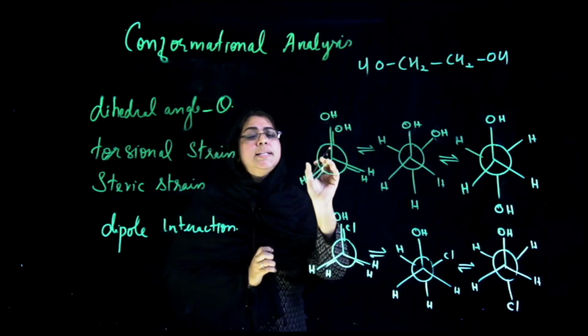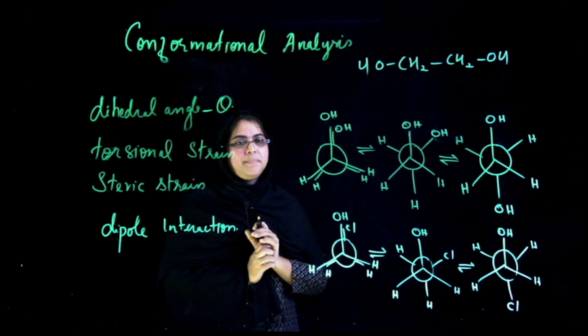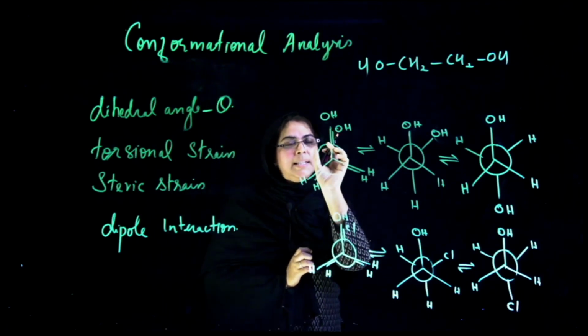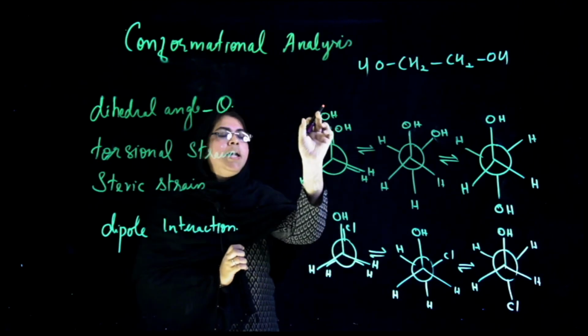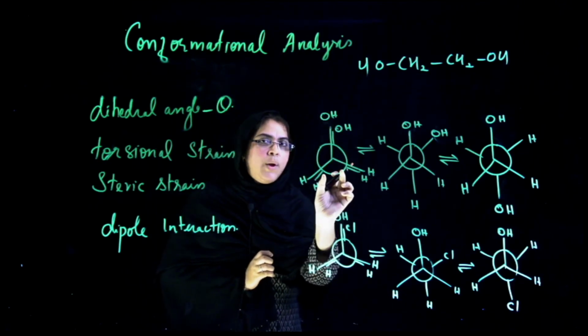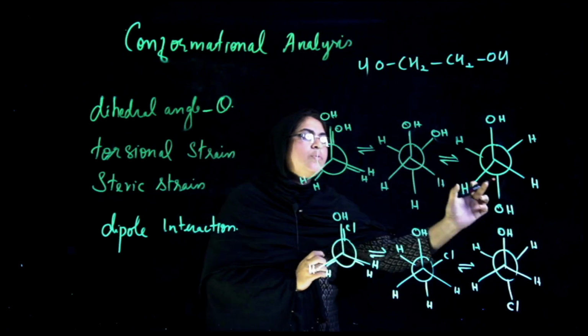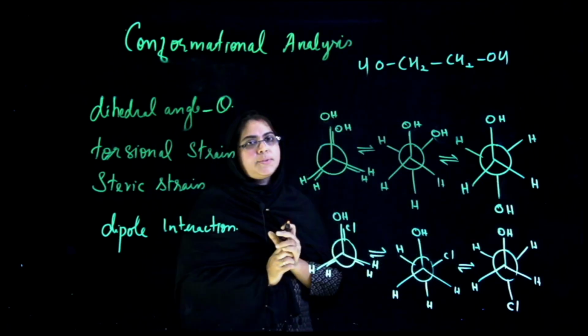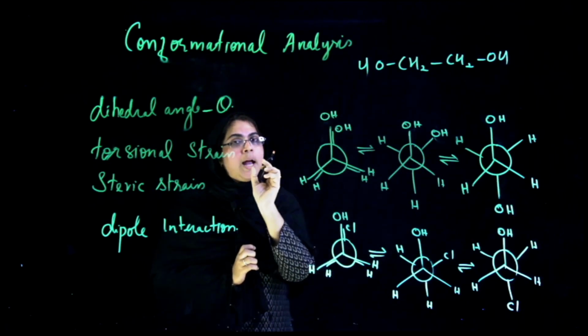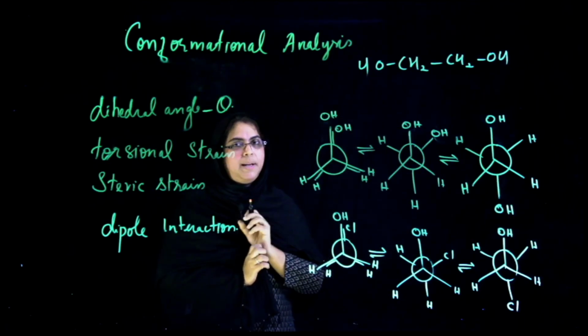Here, which is more stable? When we compare the steric strain and torsional strain, this will have high and this will have least. Apart from these factors, hydrogen bonding contributes stability here.